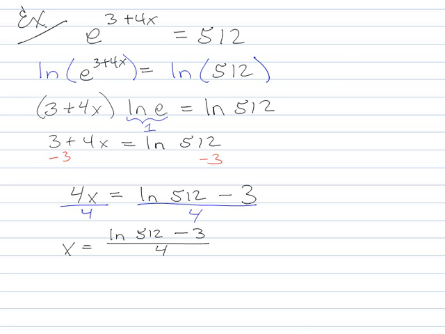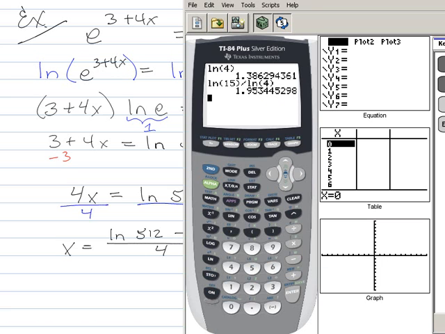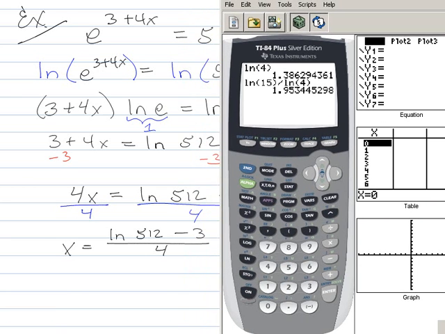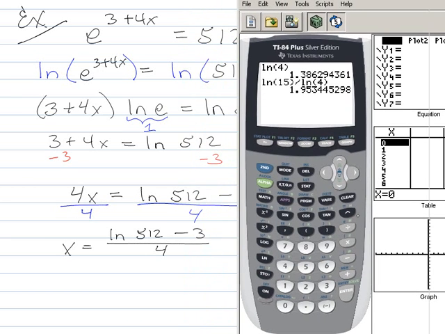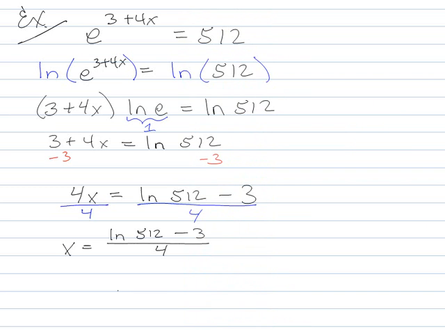So that's one answer. Now you'll need to plug it in your calculator, and make sure you do this really carefully. Your parentheses are going to bite you if you don't get them right. So what you want to do is recognize I have to put the entire top in parentheses, so it's going to look like this. Minus 3, that whole thing divided by 4.